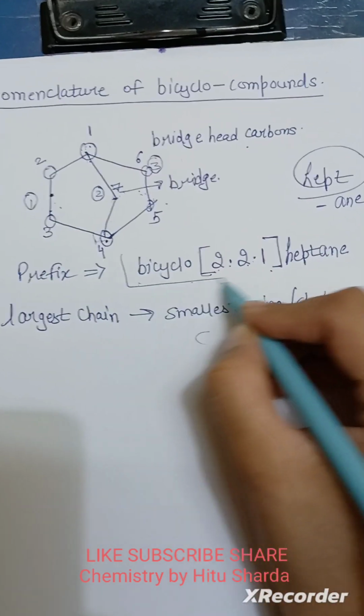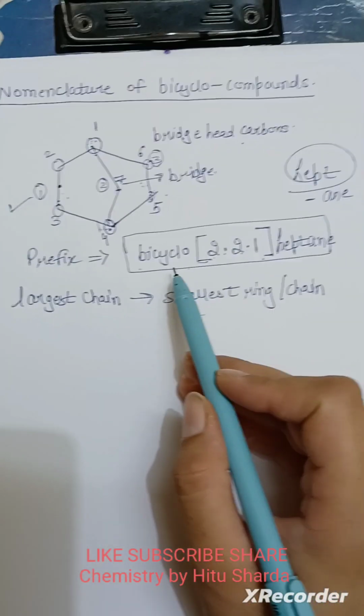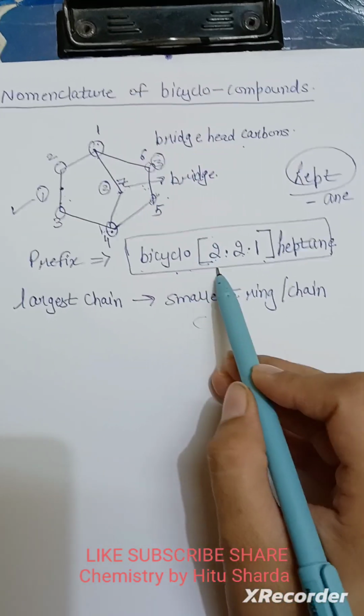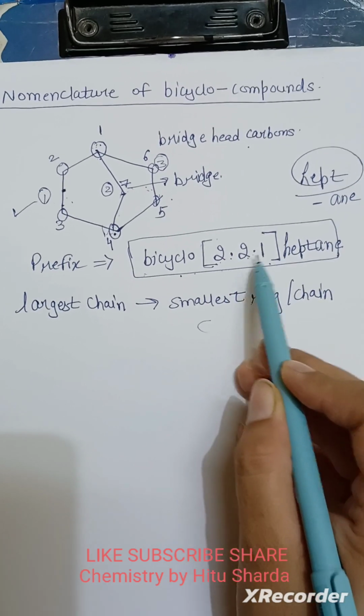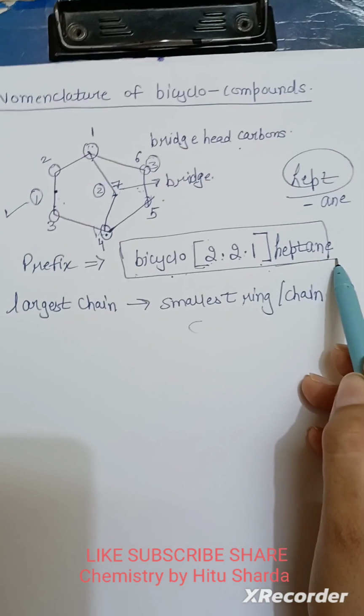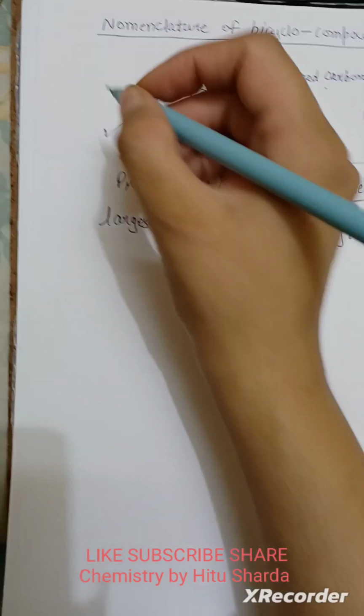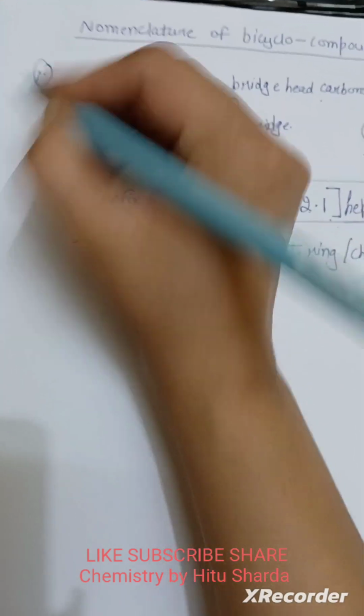So this is the IUPAC name of this compound: bicyclo[2.2.1]heptane. Okay, now this is clear. So this was your first example.